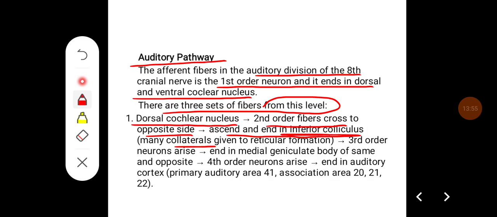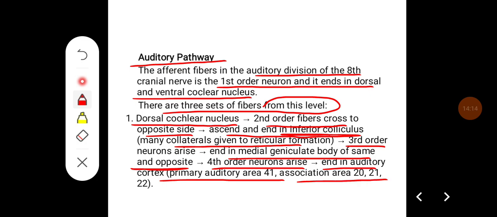There will be many collaterals given to the reticular formation. From here, third order neurons arise and they end in the medial geniculate body of the same and also of the opposite side. From here, fourth order neurons arise, they end in the auditory cortex, that is primary auditory area 41, association areas 20, 21 and 22.